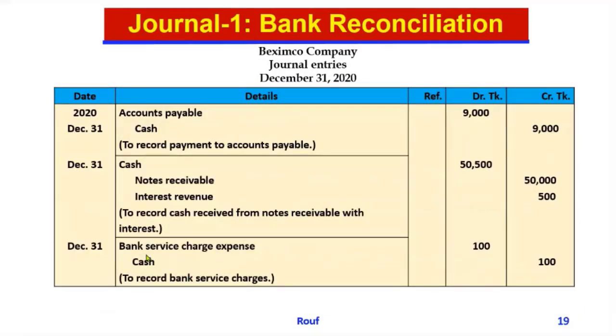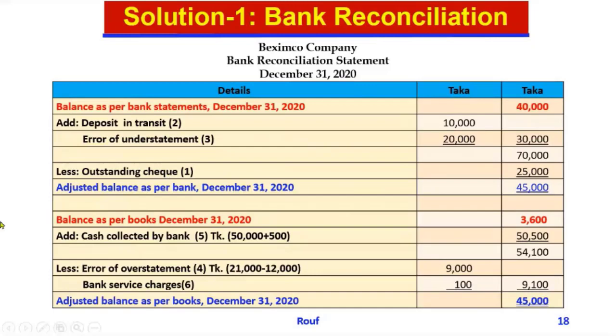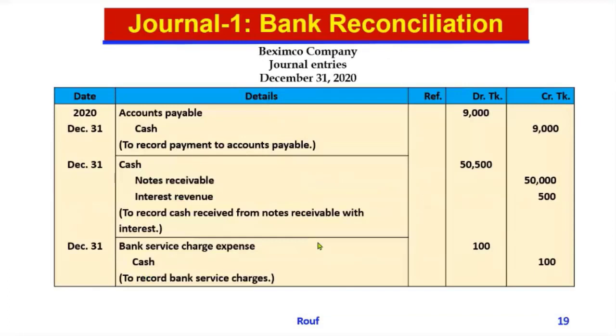First one, cash collected by the bank, 50,000, and 500 is interest. So here cash is debit, and interest revenue 500 and notes receivable 50,000 are credit. The total cash received is 50,000 and 500.